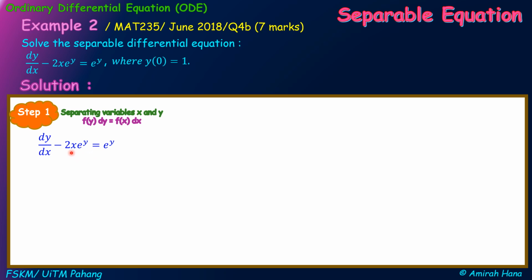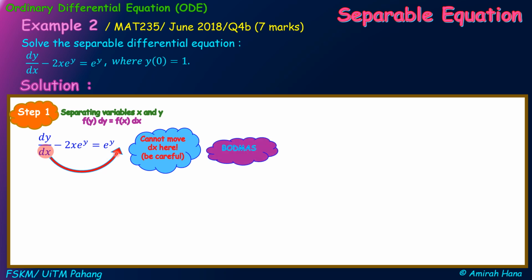To separate the variables, let's say we move denominator dx to the right hand side, then we have multiplication with e the power of y here. But actually, we cannot move dx here, so you must be careful.